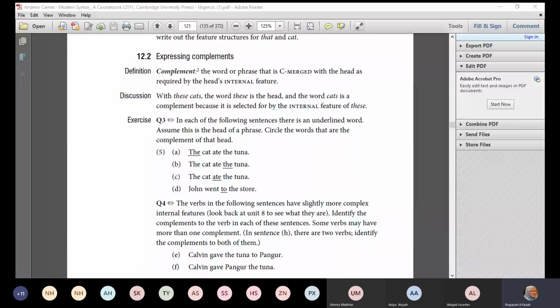So it satisfies, therefore we merge them, and then it becomes a DP. Now we go to the next bigger constituent, which is a VP. The head of the VP is ask, and the complement of the V is the DP. So then we draw, and we can get a VP. Okay, good. Thank you so much.